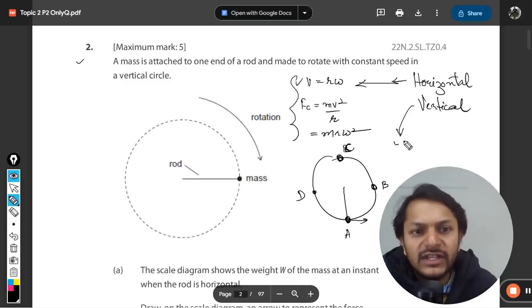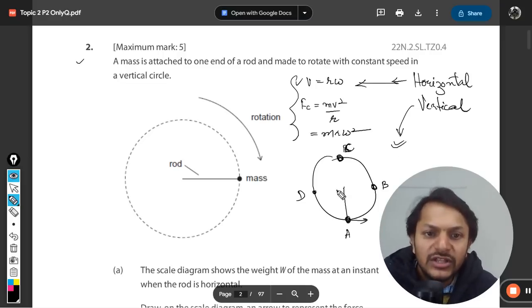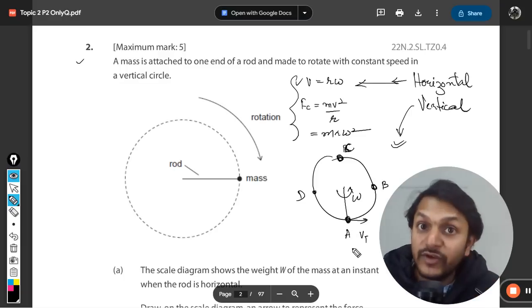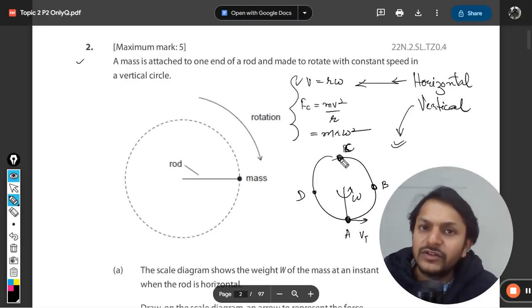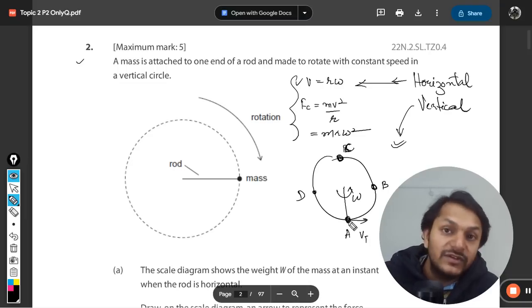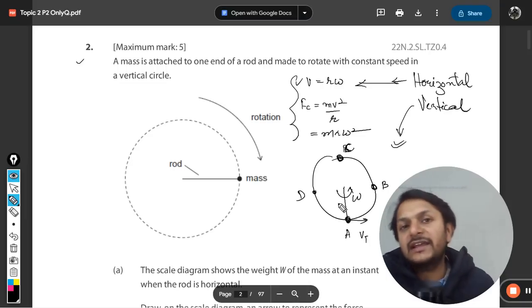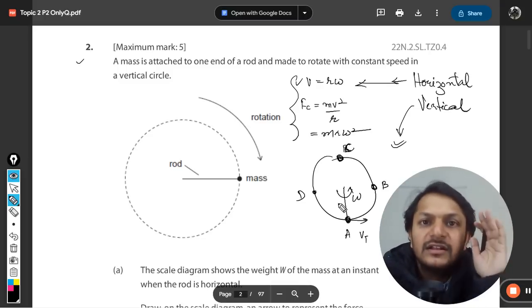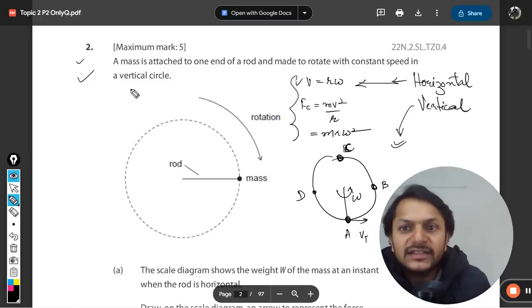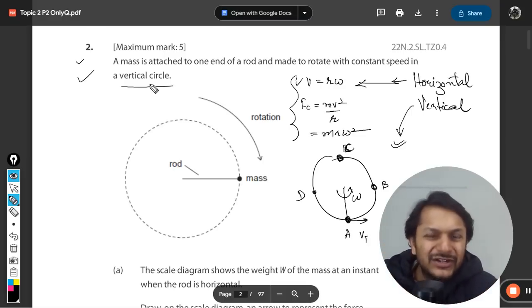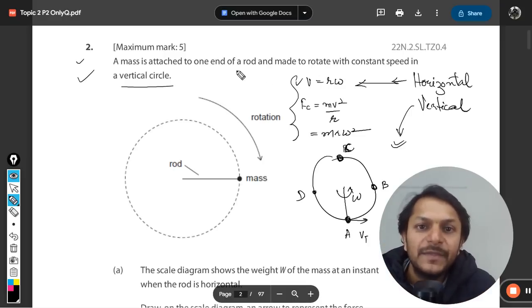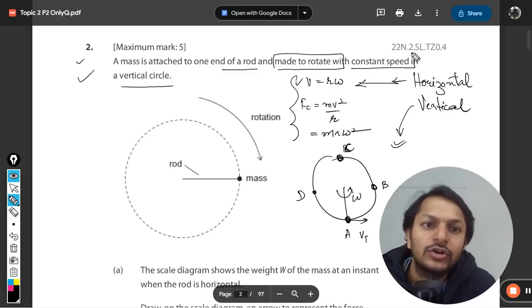So the vertical circle is one such case in which the angular velocity, or the tangential velocity with which the body is moving, is a variable. Clearly, at point C the velocity will be minimum, at point A the velocity will be maximum. This is the characteristic of a real vertical circle. But in this case, they are talking about a vertical circle that is actually a special case. Why? Because it is attached to a rod, not a string, and it is made to rotate with a constant speed.